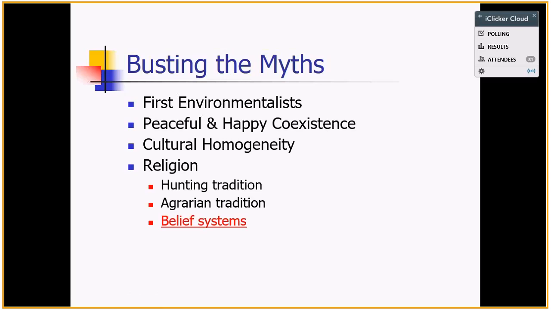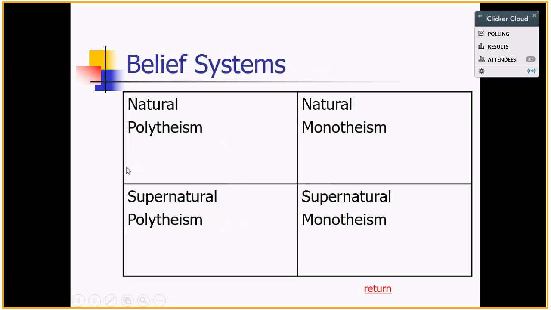And I'll show you the matrix here. There's four basic categories of religious thought. There's natural polytheism, there's natural monotheism, there's supernatural polytheism, and then there's supernatural monotheism.